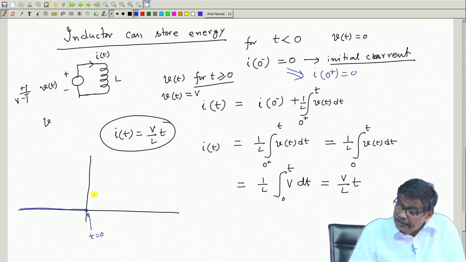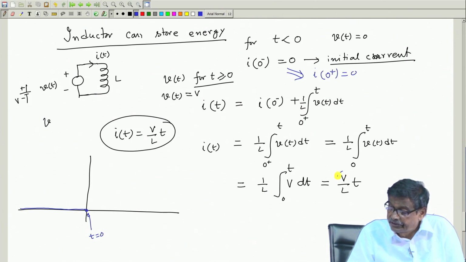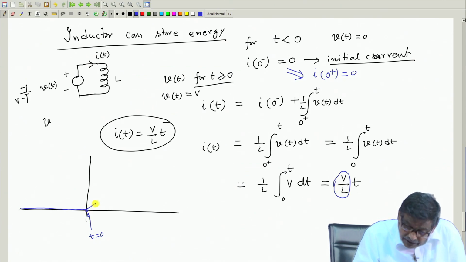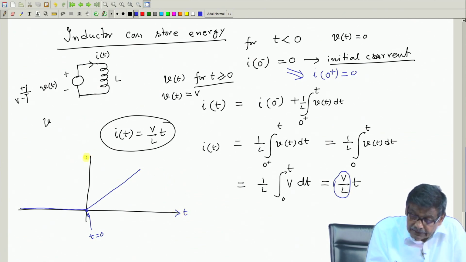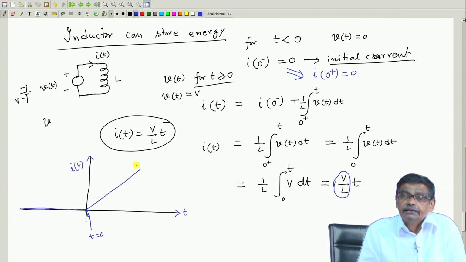And then I notice this being constant, y equal to mx. So, the current will increase linearly. This is time and this is the current through the inductor. It will go on increasing linearly.